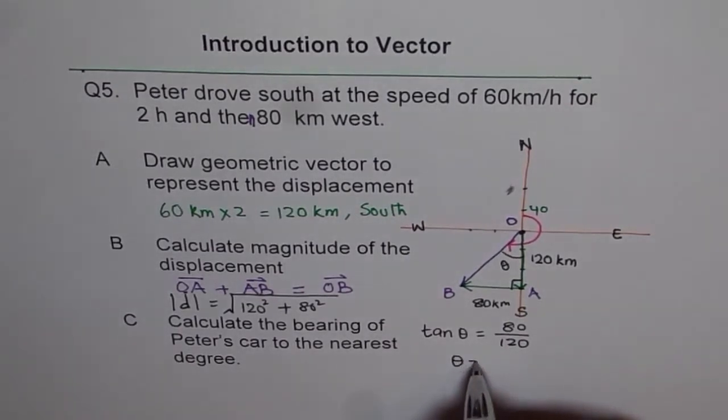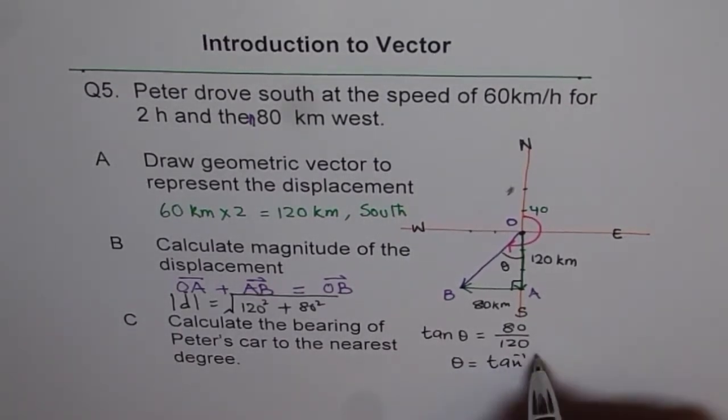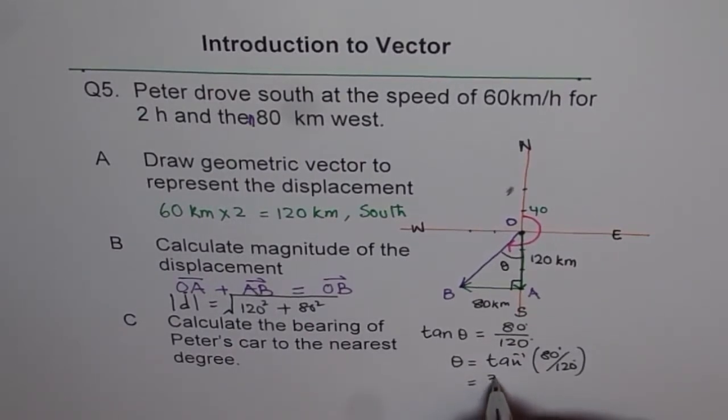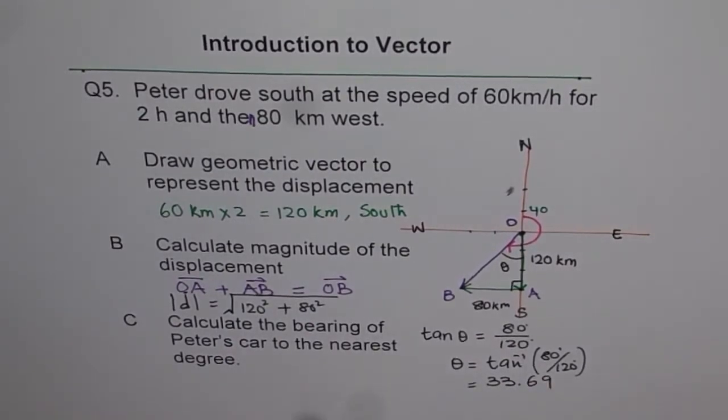So theta is going to be equal to tan inverse of 80 over 120, correct? Now we can use your calculator and find tan inverse of 80 divided by 120, equal to 33.69. 33.69 rounded to the nearest degree will give us approximately 34 degrees, right? So this angle for us is 34 degrees.